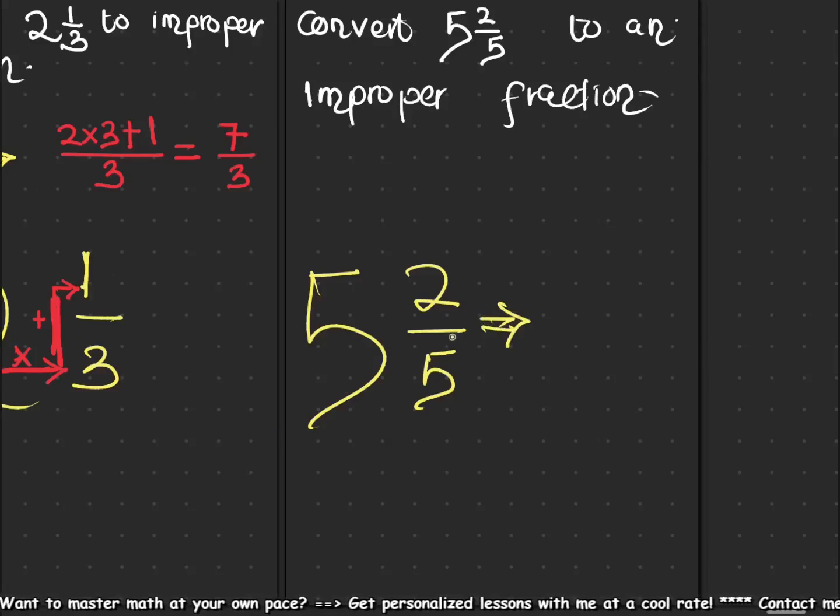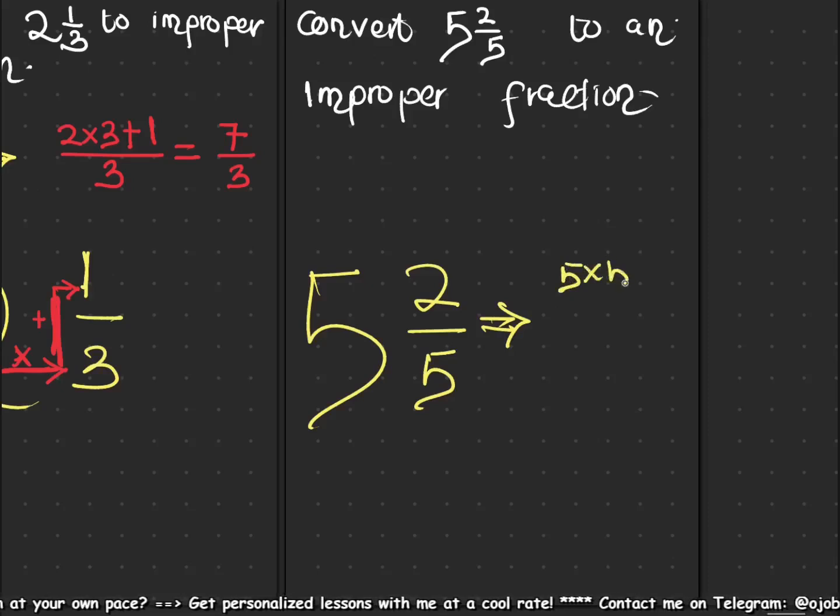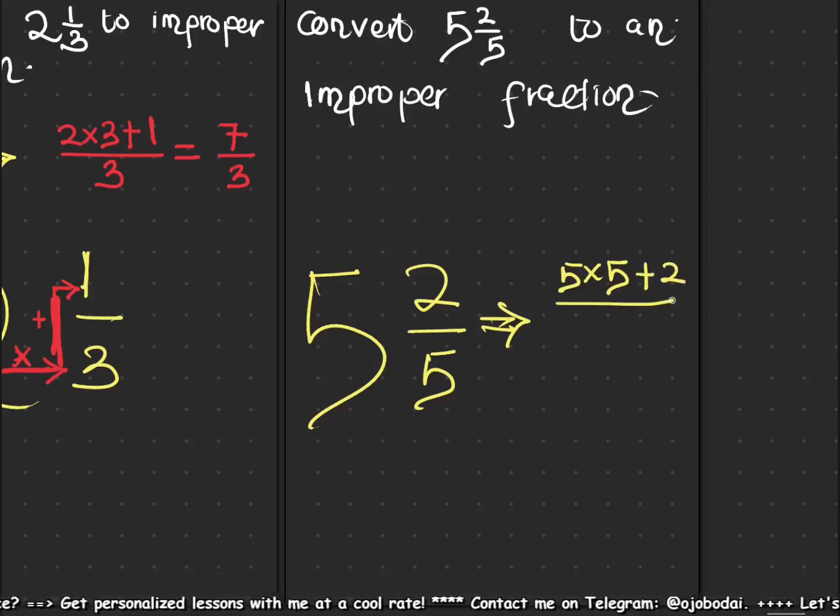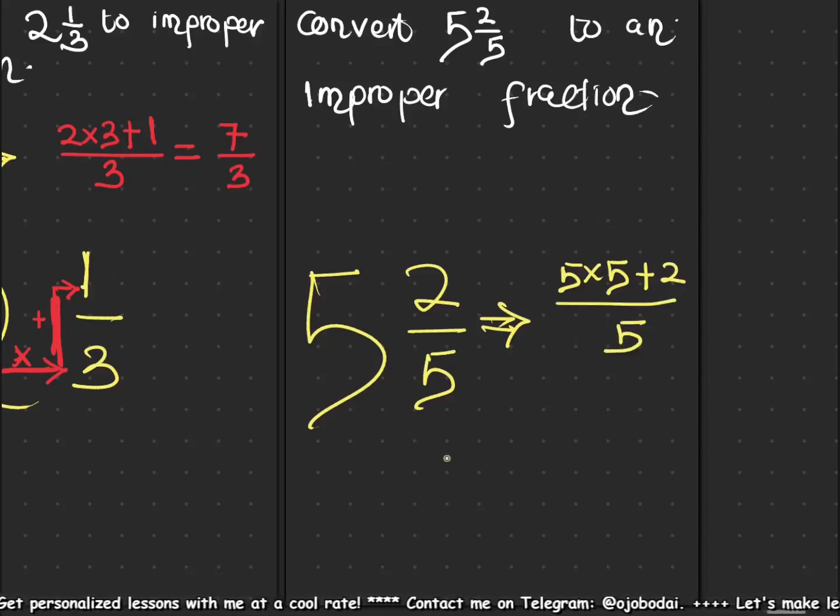So how do we go about it? We multiply the 5, which is our whole number, by this denominator here. That is 5 times 5. Then we now add the numerator. We add what? The numerator, so plus 2. All over this same denominator here, 5.